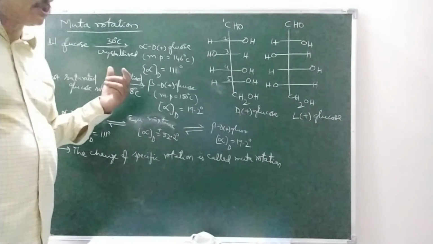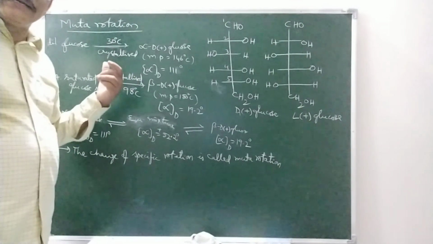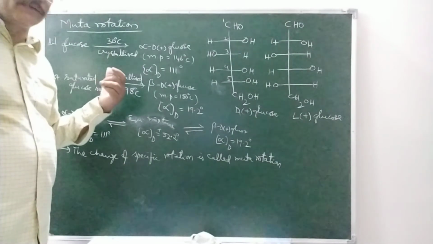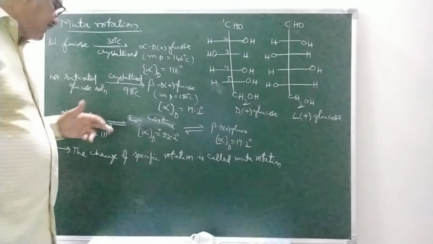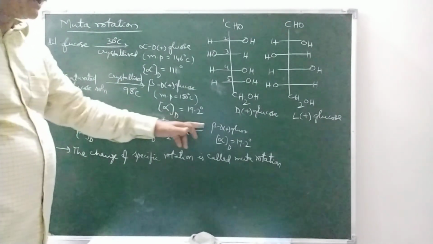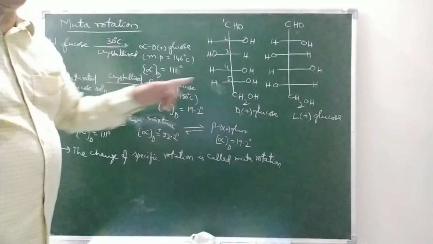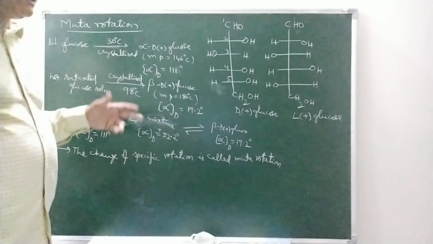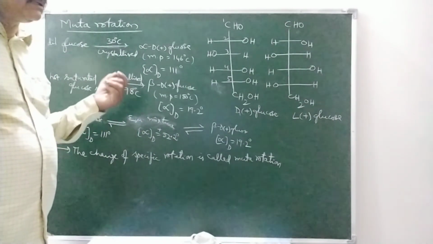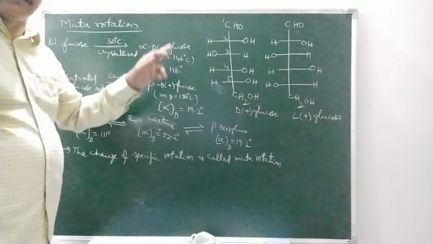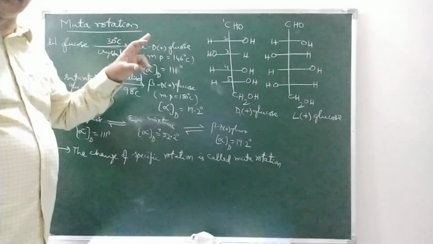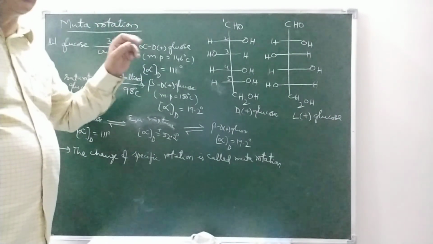That means it gives two types of methylated compounds, which indicates that there are two types of D plus glucoses. These two differ at the first carbon, C1, in the hemiacetal group or the presence of the OH group at the first carbon.